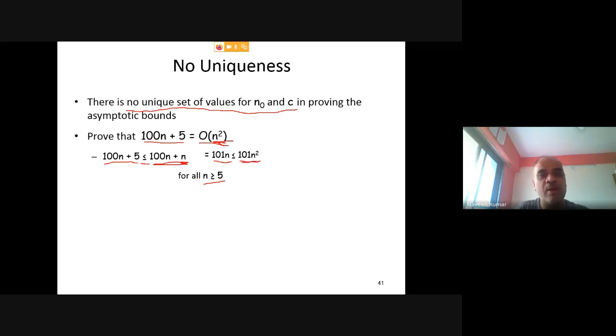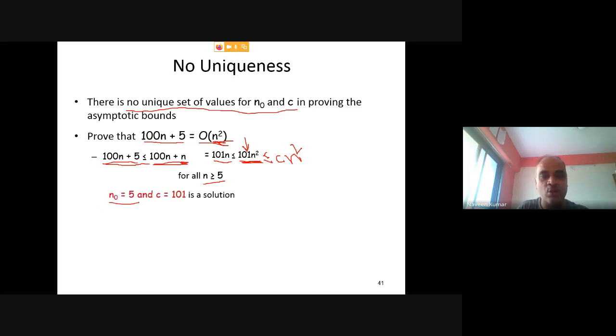So ultimately what you get is that 100n plus 5 is less than or equal to 101 n square, right? So what is this? You can take this 101 as C. So you can say it is less than or equal to C into n square, where C is 101.